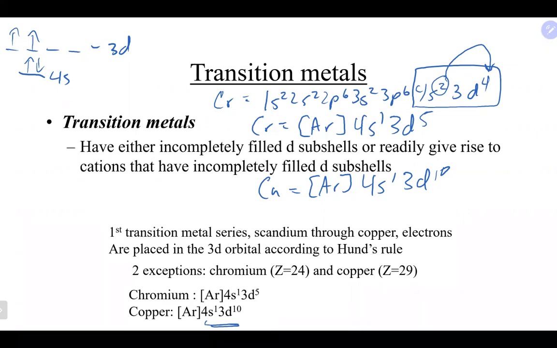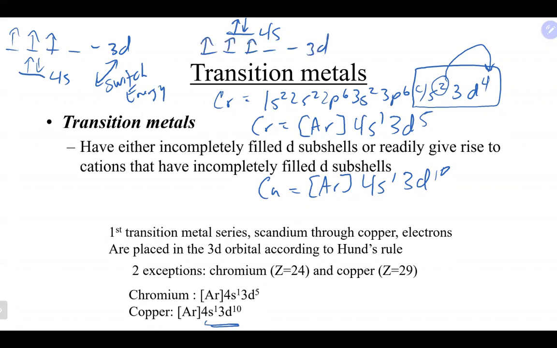The electrons go into the 4s first because it's lower in energy. Then as you populate the d orbitals, these two switch, and you end up with the 4s electrons being higher in energy than the 3d electrons.